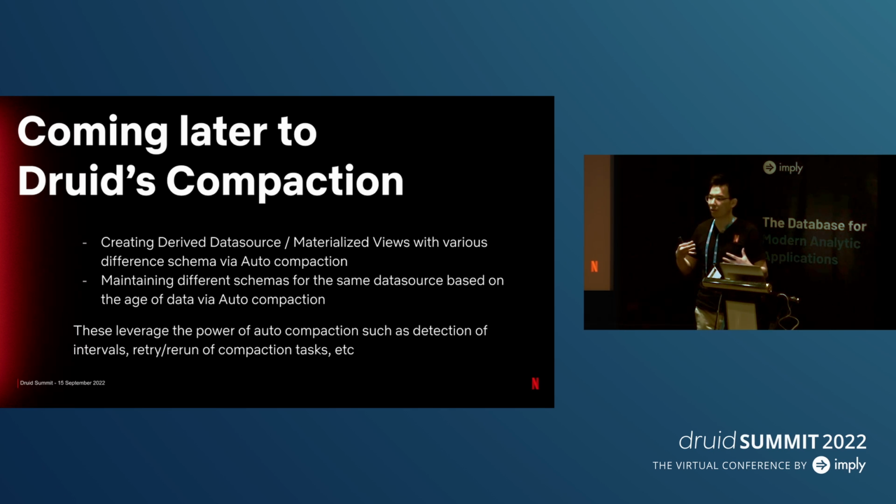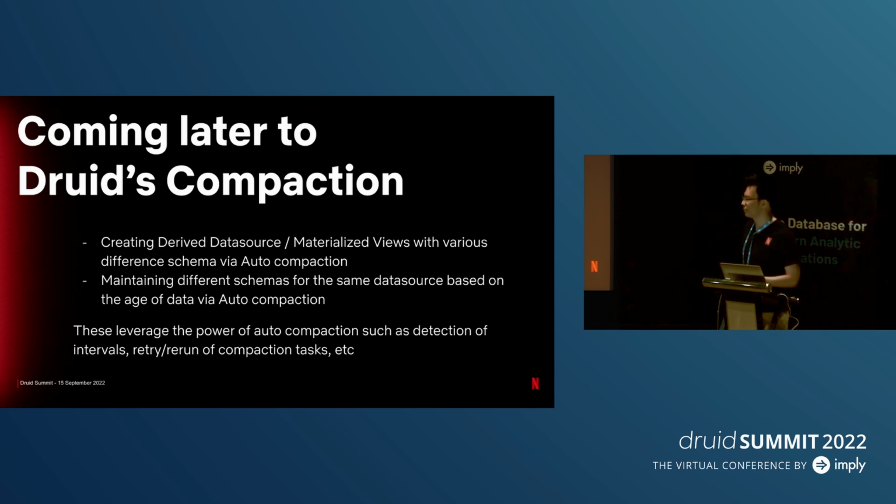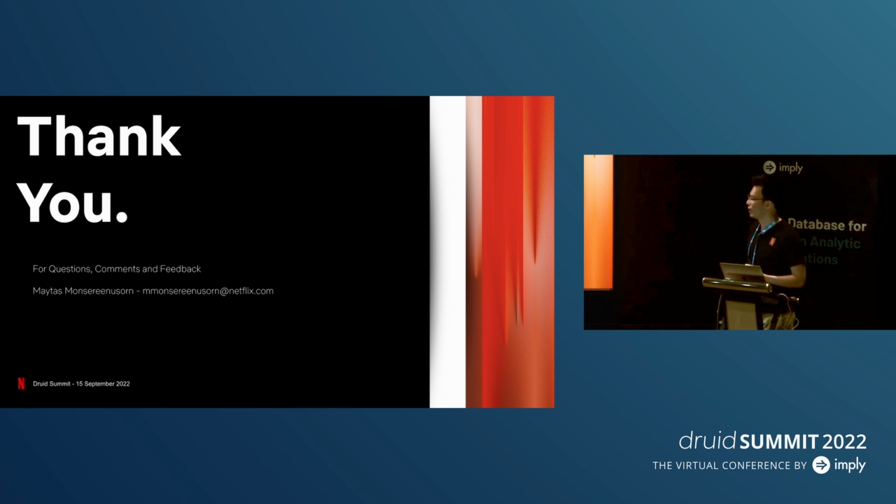As data ages, auto-compaction will apply compaction jobs with the different schema, so that you can have different granularity, drop dimensions, or apply a different schema as it makes sense as your data ages. All of those leverage the power of auto-compaction, where you have a scheduler that can submit a compaction job that modifies your schema of the data. And that's it. Thank you so much.